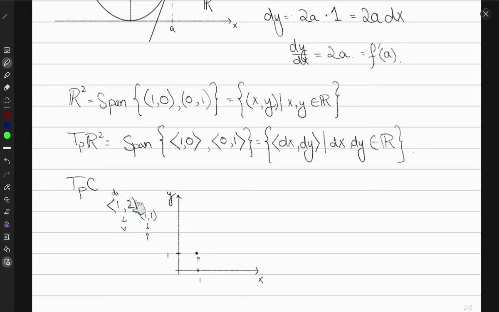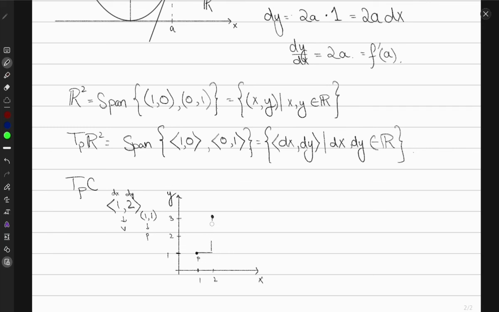So this is dx and this is dy. So dx is 1. So again we travel 1 unit to the right. So suppose this is 2, and then this is 2, and this is 3. But we're traveling now 2 units up. So 1 and then 2. So you come to this point.